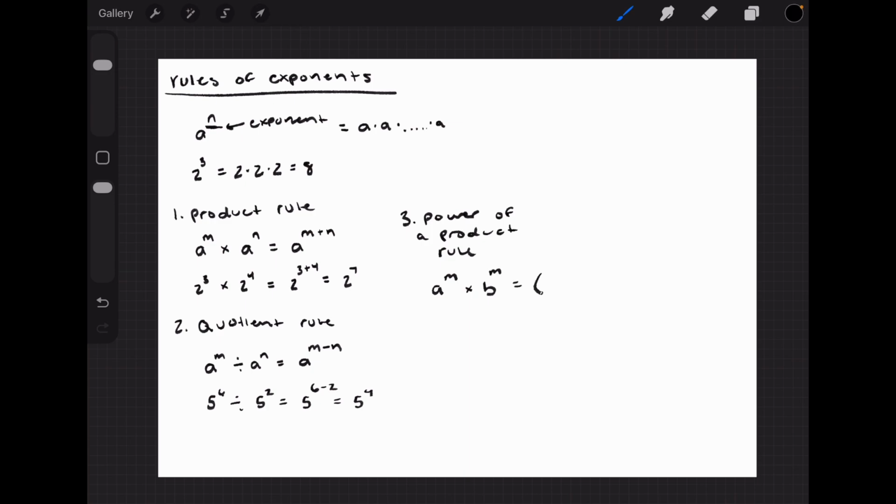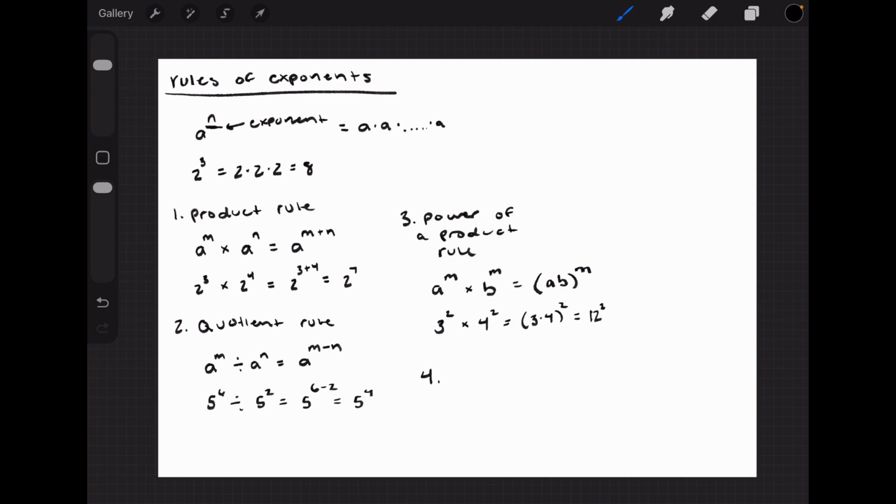So in this case, you would do a times b, keeping the same exponent. You could do 3 squared times 4 squared, which we would do as 3 times 4, squared, which would give us 12 squared as our answer.